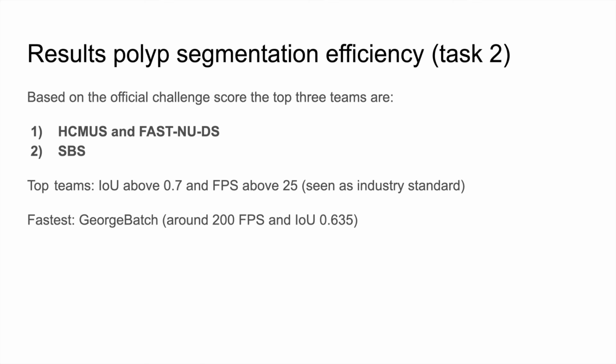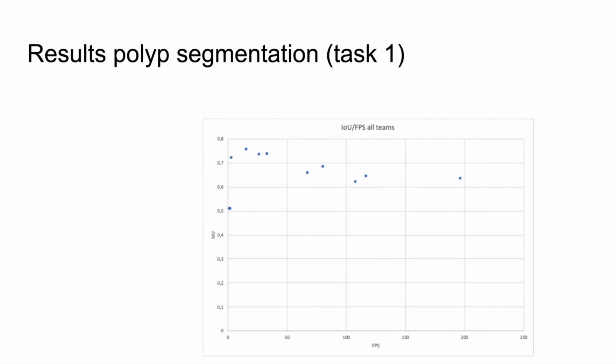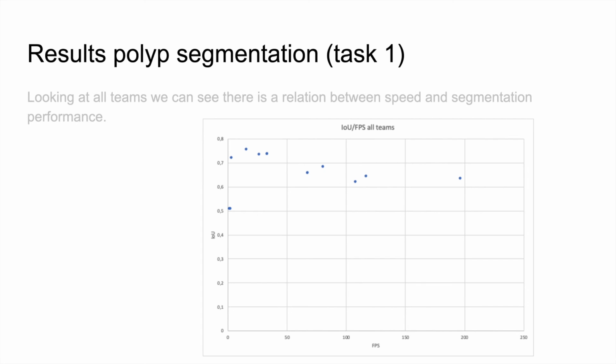The fastest team was George Batch with around 200 frames per second and an IOU of 0.635. Here we can see how the different submissions performed, taking IOU and FPS into account. And what we can nicely see here is a correlation between how accurate you get and how fast you get. So the faster you get, the more precision you lose.